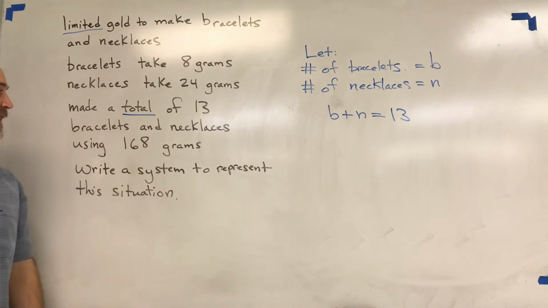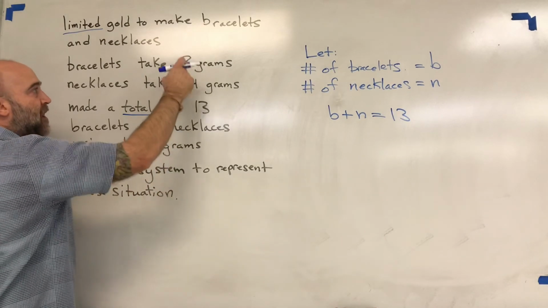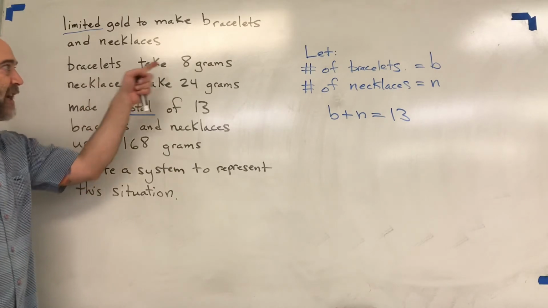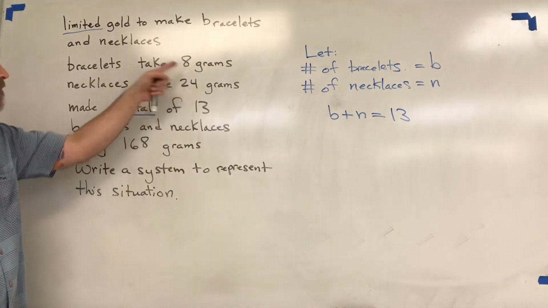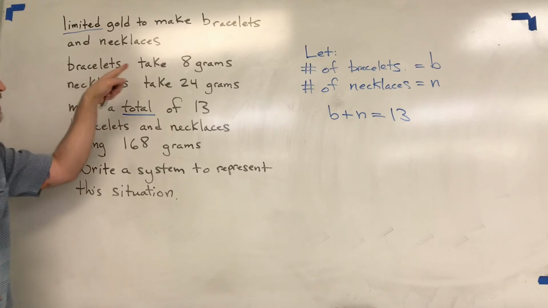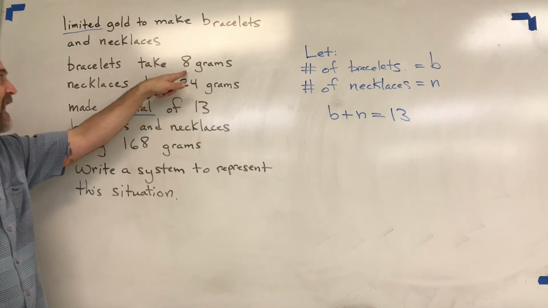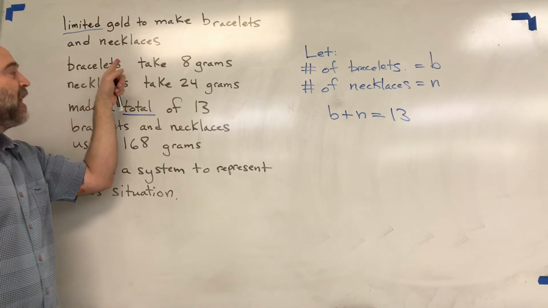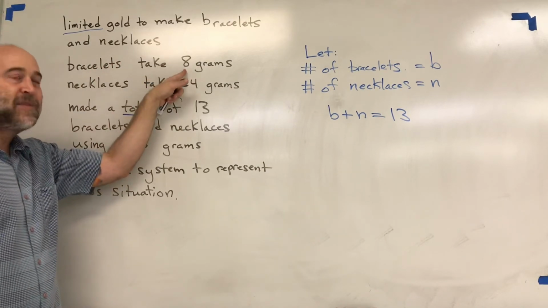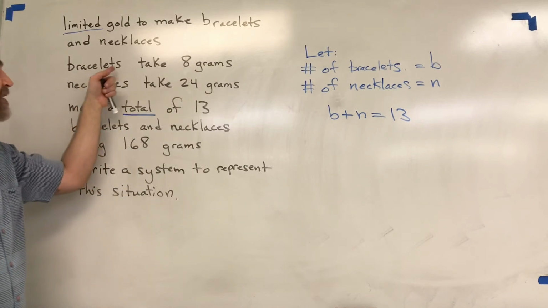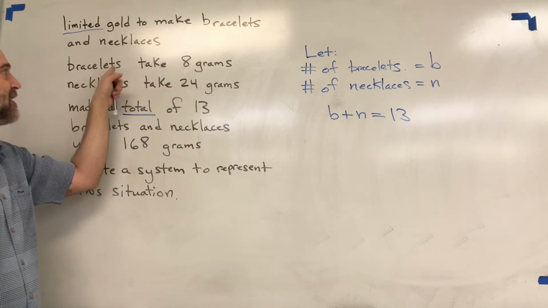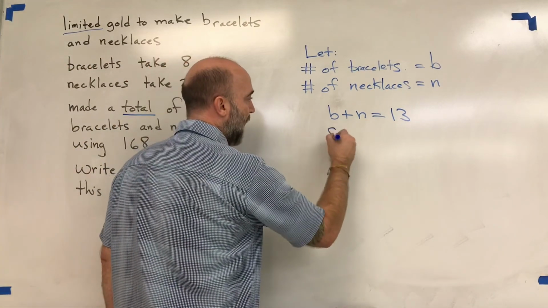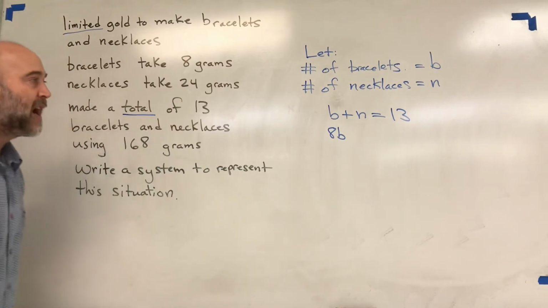So 168 is the resource, and this is how much each of them used of the resource. So if I had 2 bracelets, I used 16 grams. 2 times 8. 2 bracelets, with each bracelet being 8 grams, means I would have used 16 grams. So it's the bracelets, however many there are, times 8. If I had 3 bracelets, I would have used 24. 4 bracelets, 32. So bracelets, 8B. 8 times the bracelets.